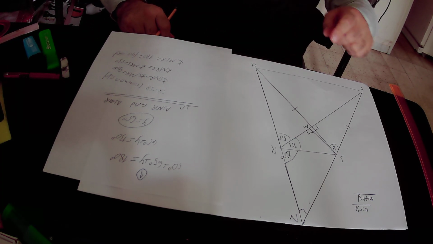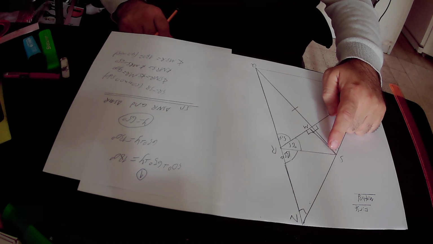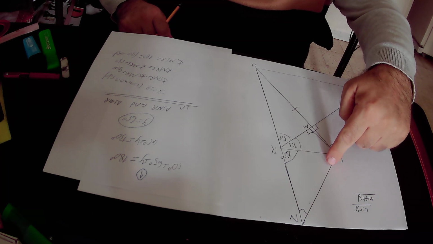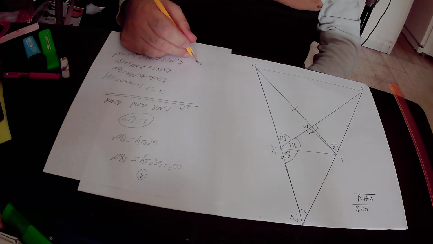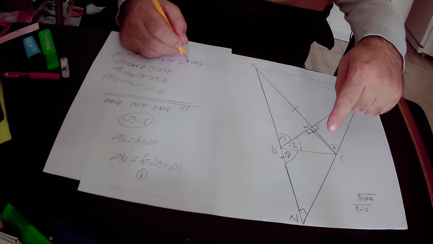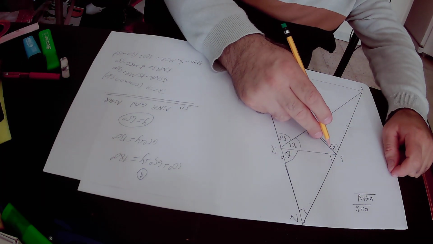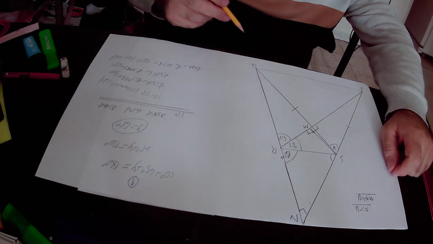Again, that is actually the size of angle MSR, and it is actually also the size of angle NSR. Angle NSR will also be equal to 180 degrees minus 90 degrees minus 65 degrees.